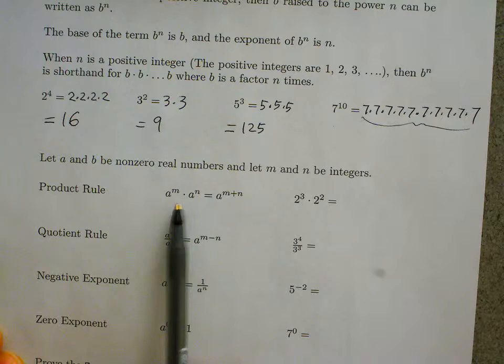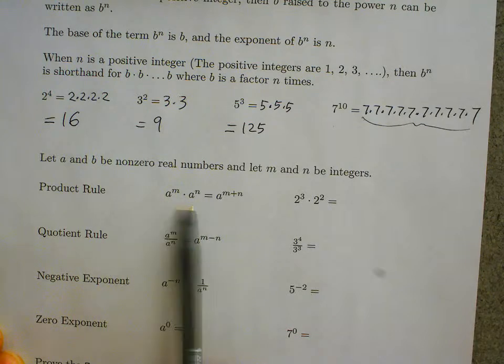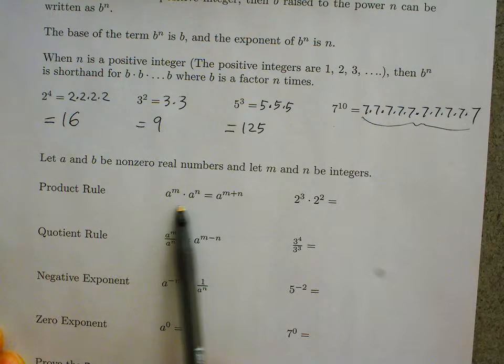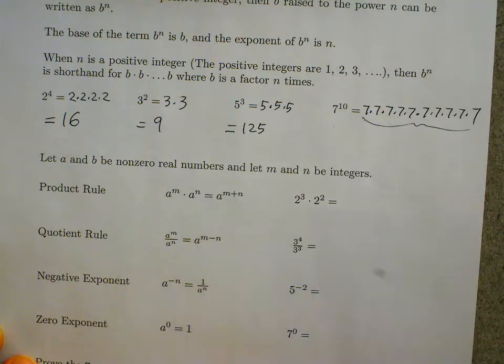So just note that when we're multiplying here, the base number is the same in both of those exponential terms. The base number is a. So a raised to the power m times a to the power n is a to the m plus n.